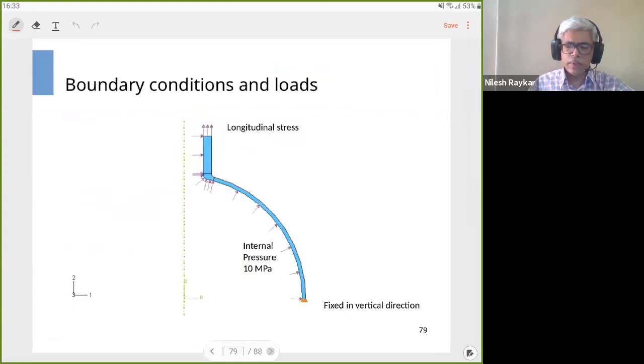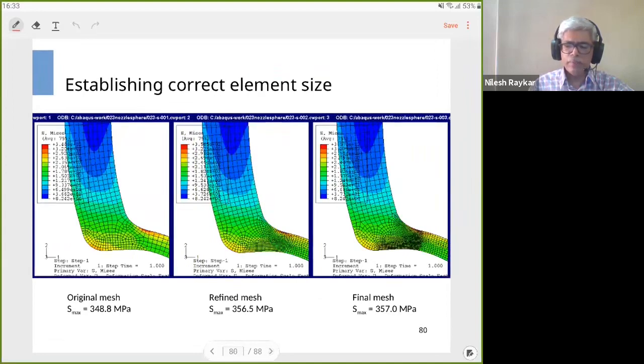So let me illustrate through a problem. Here the feature is that you need a very accurate value of peak stress. Whatever peak stress you are using to calculate life, you have to ensure or validate that it is a converged value. Otherwise, you can make a very coarse mesh and you will get a very high value of peak stress, and as a result you will unnecessarily provide higher thickness to meet the code requirements.